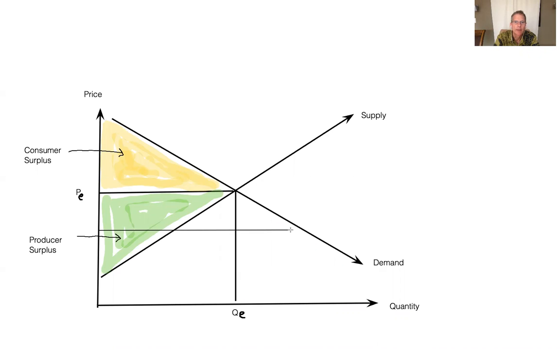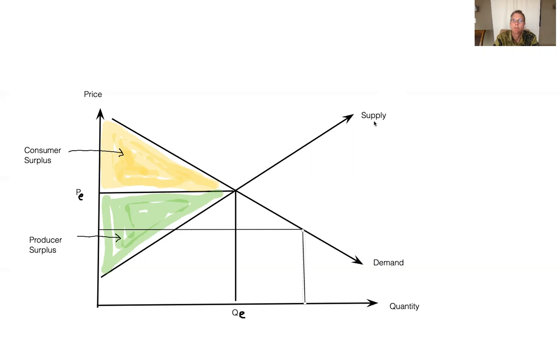And so at that price, let's say that's $1.50 a tub, the demand will be satisfied, and so the quantity demanded at that price will be this amount. So that will be the quantity with trade, and the price will be over here.